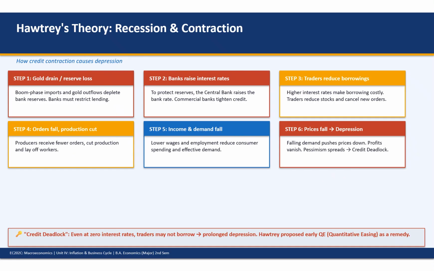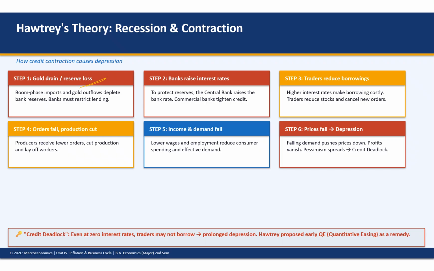Now, let us go through how credit contraction causes a depression in Hawtrey's theory. It is basically the opposite of the expansion phase. When credit becomes tight, the whole economy begins to slow down. The process starts with gold drain or reserve loss.